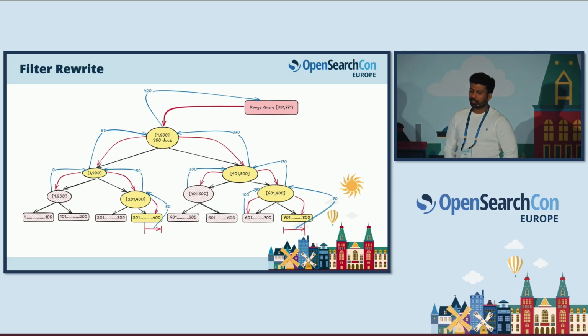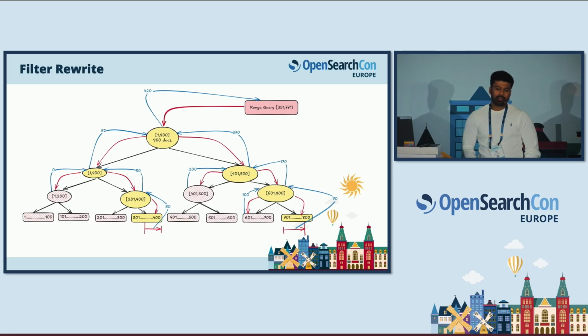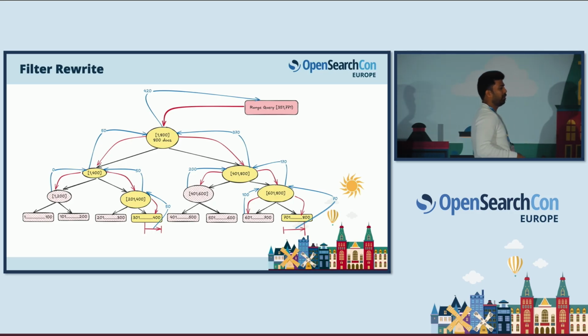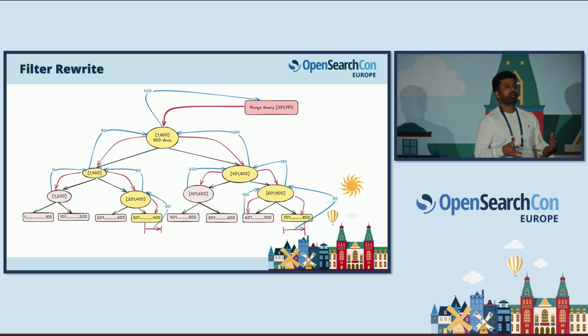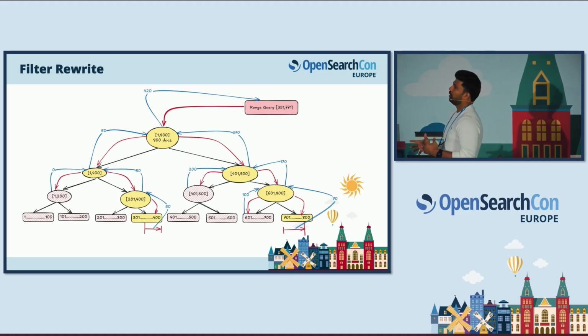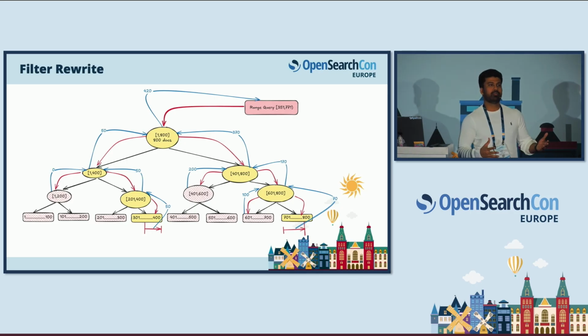So 1 to 200 is not going to have any matches. Similarly, if you look at the node with 401 to 600, we know that everything within this subtree is going to be a match. So we don't even need to go to the leaf nodes. We can return from here itself saying, okay, I have 200 matching documents.